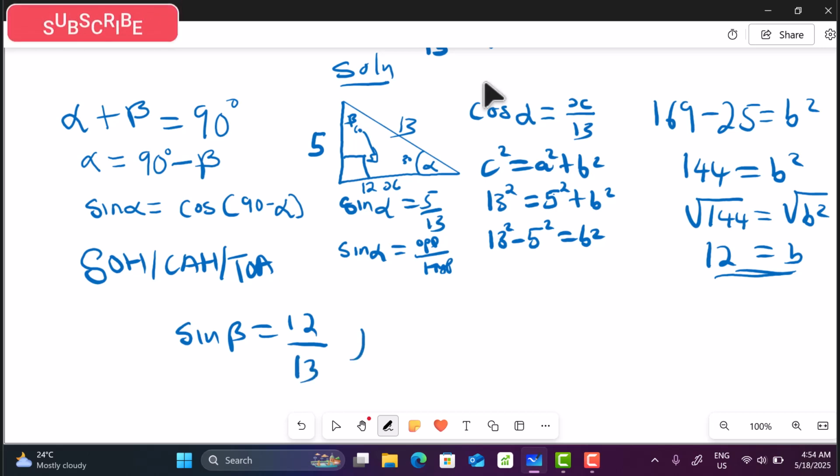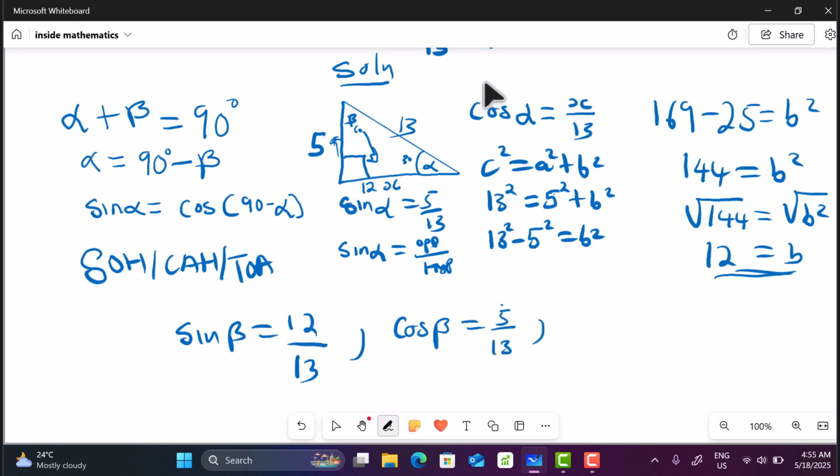And of course, cos beta, the adjacent now is no longer 12, but for beta it is 5, which is 5 over hypotenuse 13. What of tan? Tan beta, remember tan is opposite over adjacent. So when we are looking at tan, we get 12 over adjacent, which is 5.